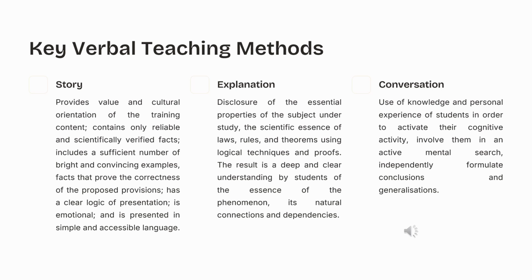Conversation, by contrast, is especially useful for activating prior knowledge and personal experience, thereby involving students in active intellectual search and independent generalization. Therefore, even within verbal methods, clear functional differences exist. Each method serves a particular pedagogical task and should be chosen accordingly.